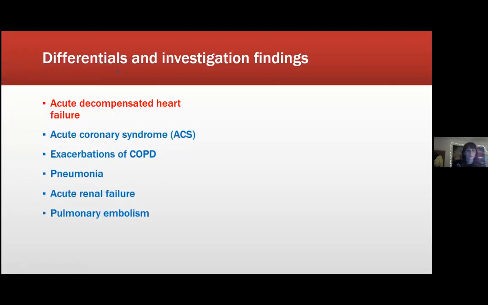Okay, here we go. So yeah, sorry. It could also be ACS, an exacerbation of COPD, pneumonia, any type of failure really, such as renal failure and pulmonary embolism. And whoever said MI leading to heart failure is really good as well, because a lot of acute heart failures are caused by it.